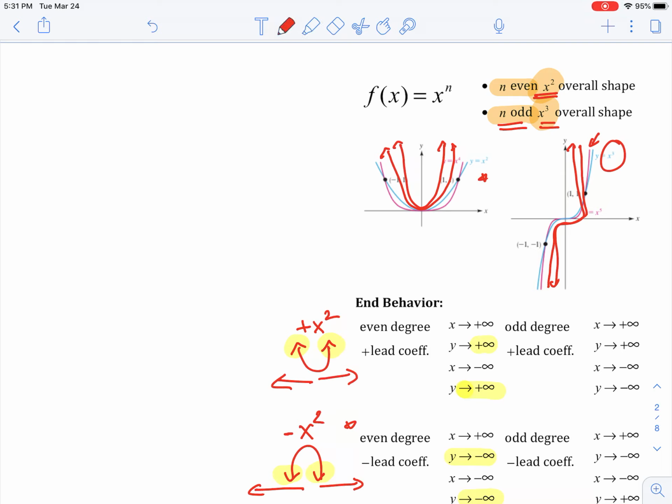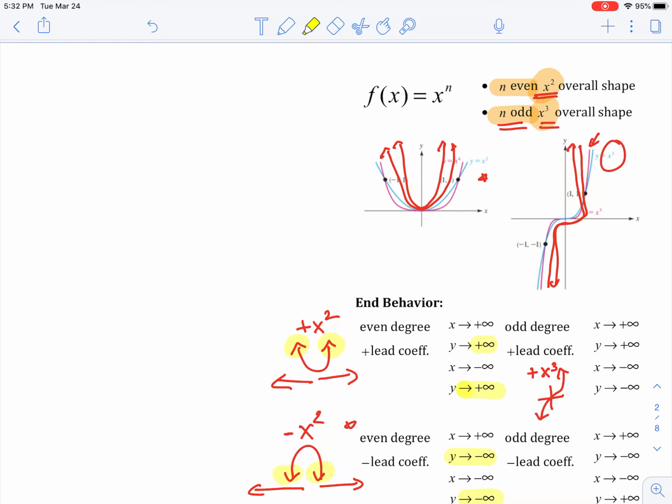We can also look at our end behavior for our odd degree polynomial functions. So if we're looking at an odd degree with a positive leading coefficient, which would basically be the idea of a positive x cubed, which we know should look something along those lines.